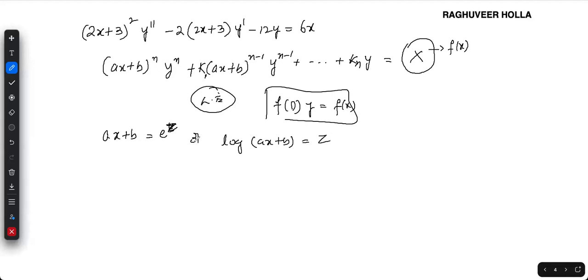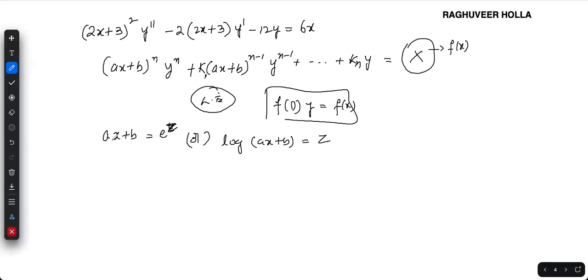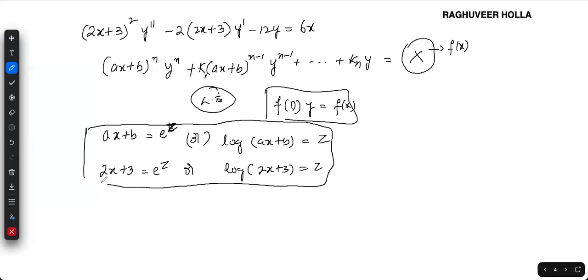Here I represent this as 2x plus 3, which is e to the power of z, or z is log of 2x plus 3. So this is the first thing I'll be substituting.